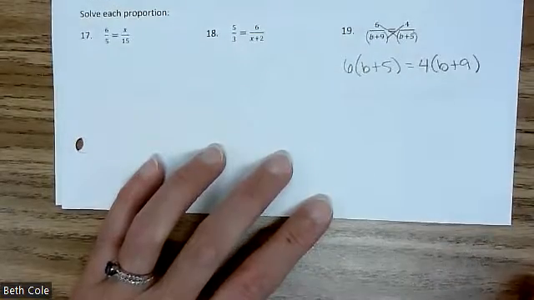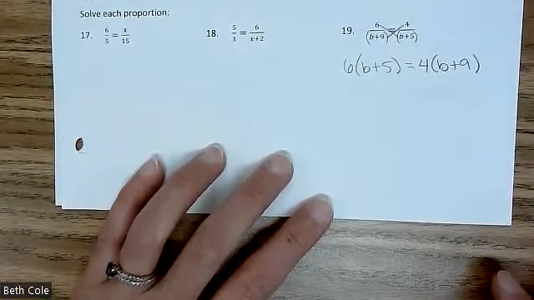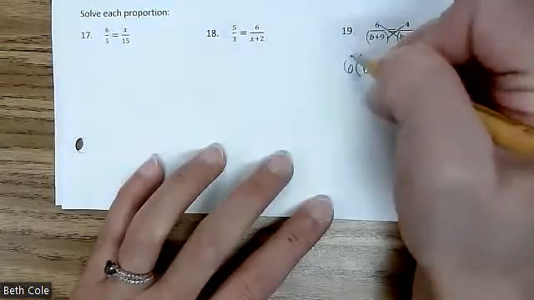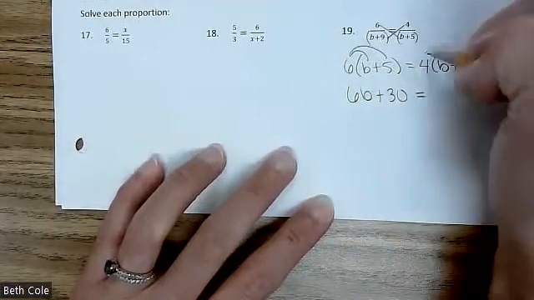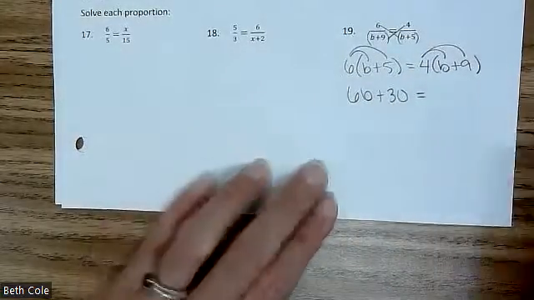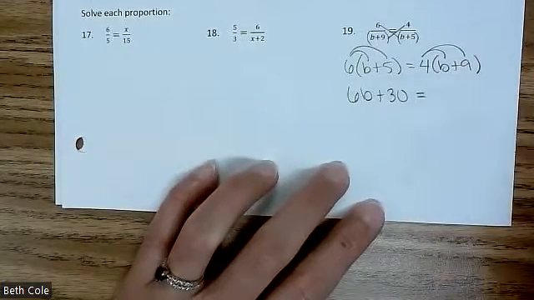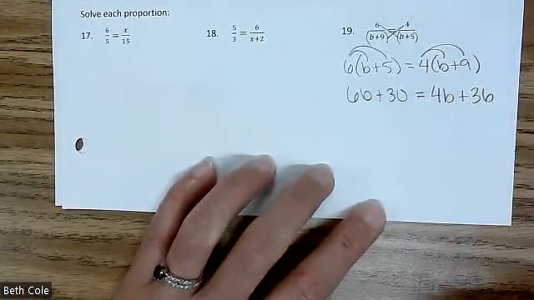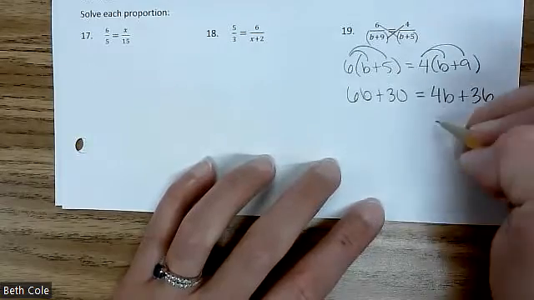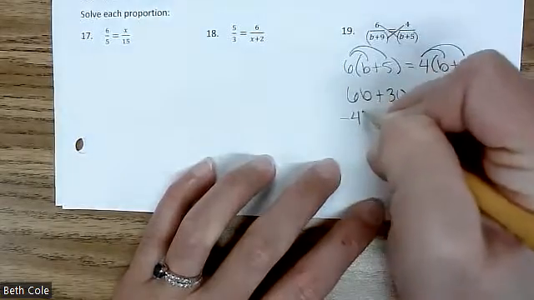After that, it's really just like any of the other equations. We're going to distribute the 6. That'll be 6b plus 30. And then what will you get if you distribute the 4? Good, 36. Awesome. And then get the variables all together.